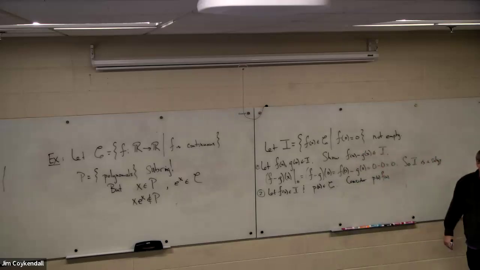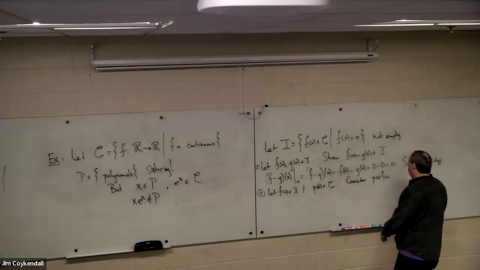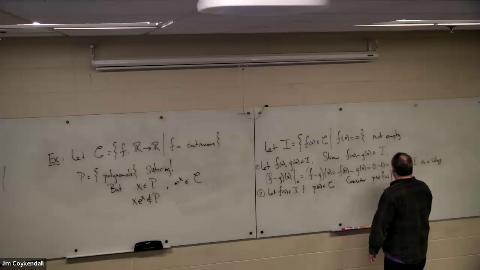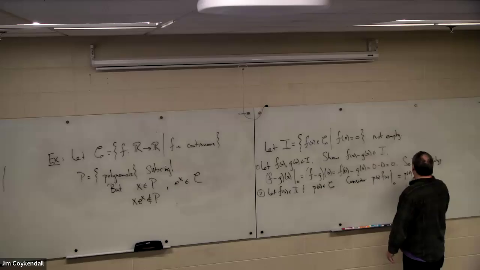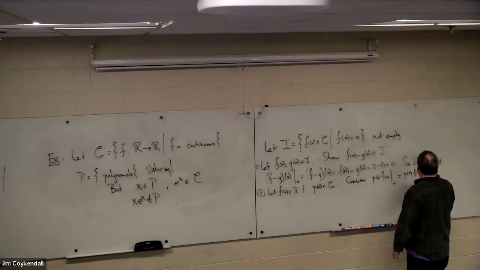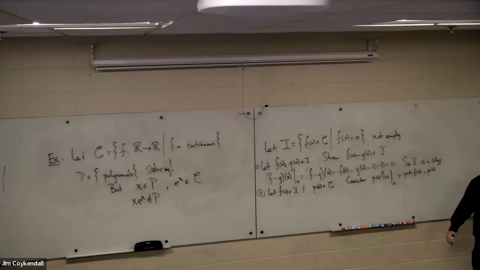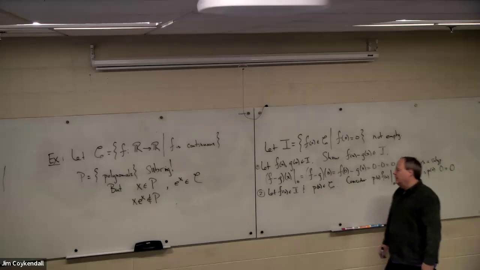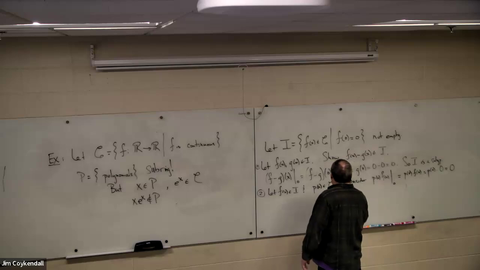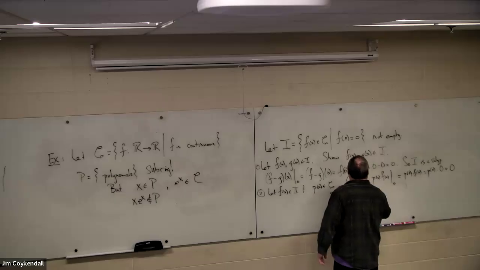My goal is to show that that animal lives in I. But p of x, f of x evaluated at 0 is p of 0, f of 0. And I don't care what p of 0 is. I do know that it's defined there because the functions are continuous everywhere. f of 0 is 0, so this is 0. So p of x, f of x is in I, and this is an ideal.